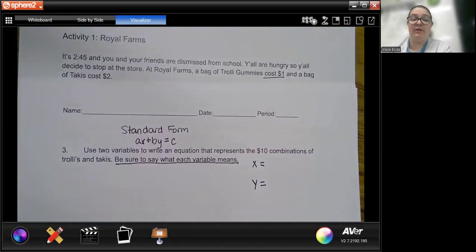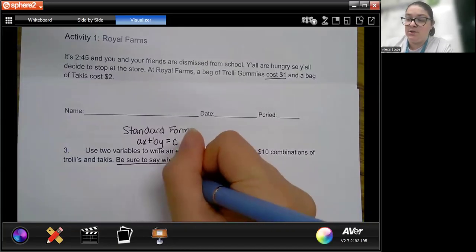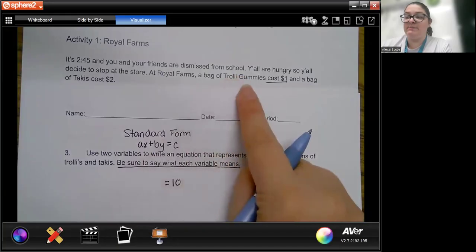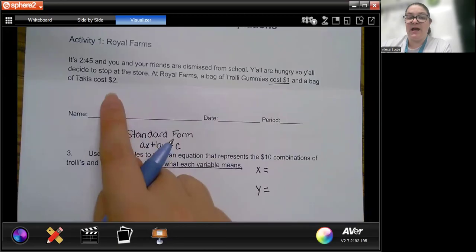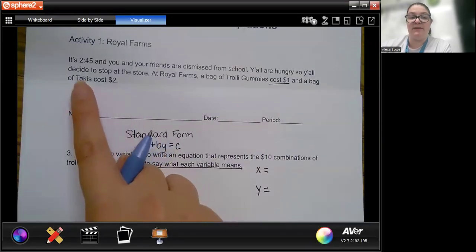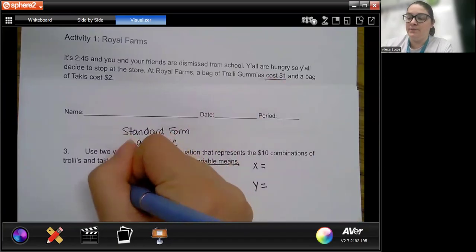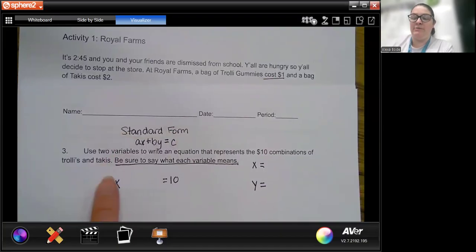So the total amount of money that Danalise wants to spend is $10. So that total is going to be my C. Then A and B are my unit rates. So my unit rates are gummies are $1 per bag of gummies, and my Takis are $2 per bag of Takis. So my unit rate is going to be $1 times my X. If we go back to the beginning, I was doing the number of gummies times 1.